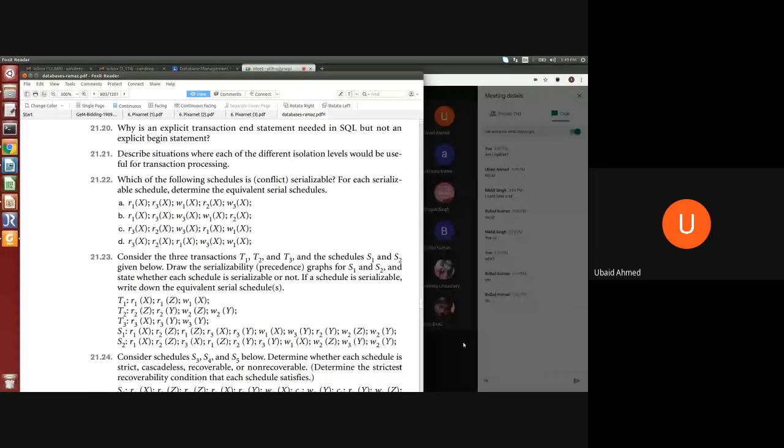Three. Okay. Cycle between whom? Between T1 and T3.